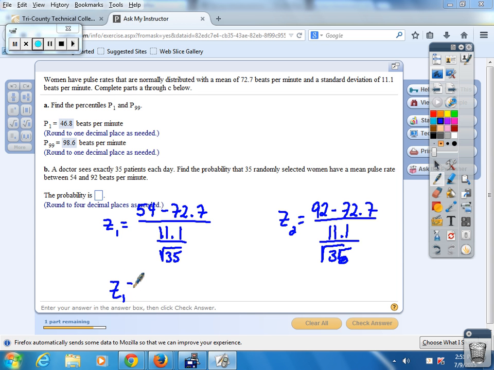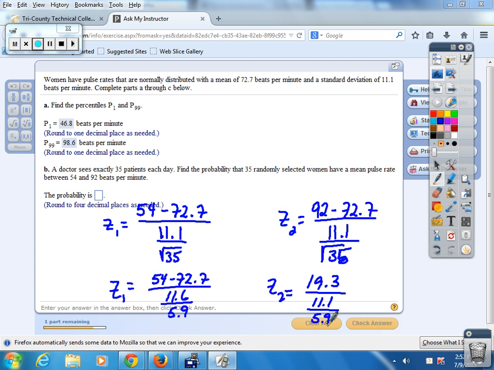So z sub 1 is equal to 54 minus 72.7, divided by 11.1 over 5.9. And then z sub 2 is equal to 92 minus 72.7, that's 19.3, over 11.1 divided by 5.9.